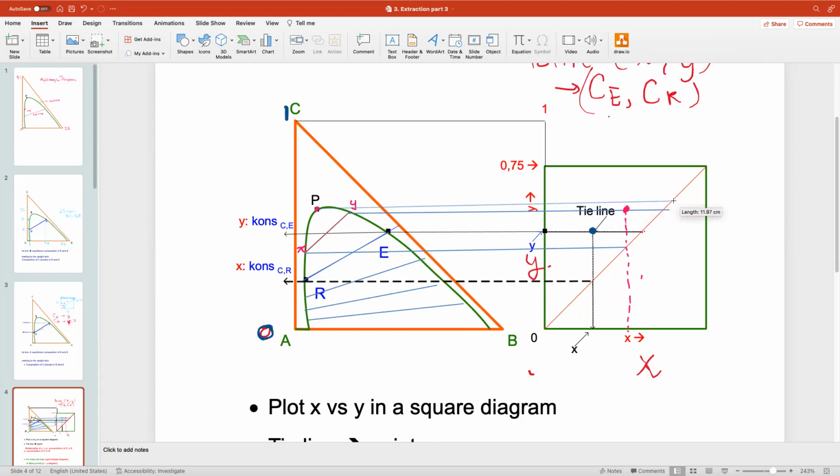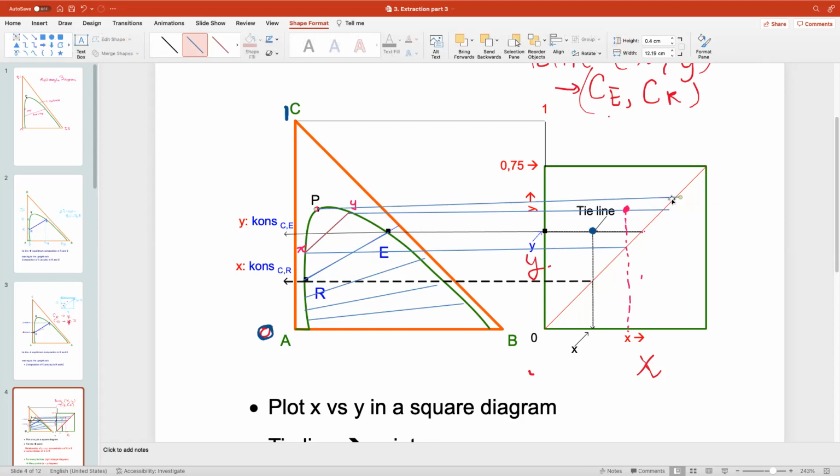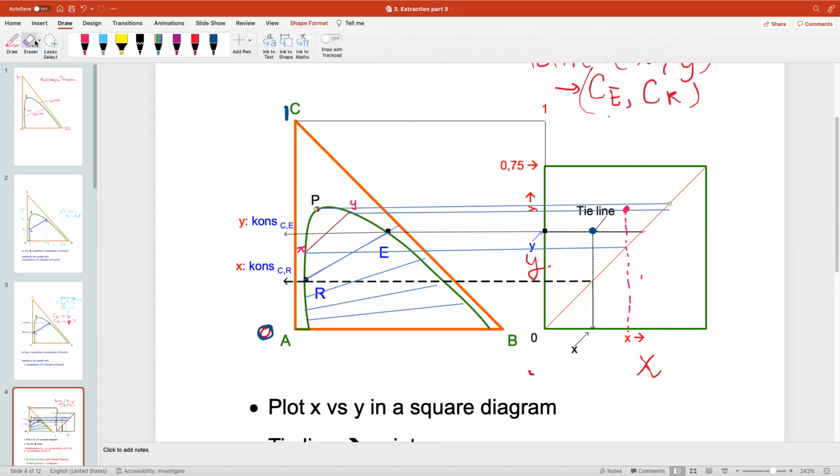So this is going to be your plate point. The meaning of plate point is when y equals x, or your extract is equal to your raffinate. So this point is called the plate point. Okay, maybe we can try another one.